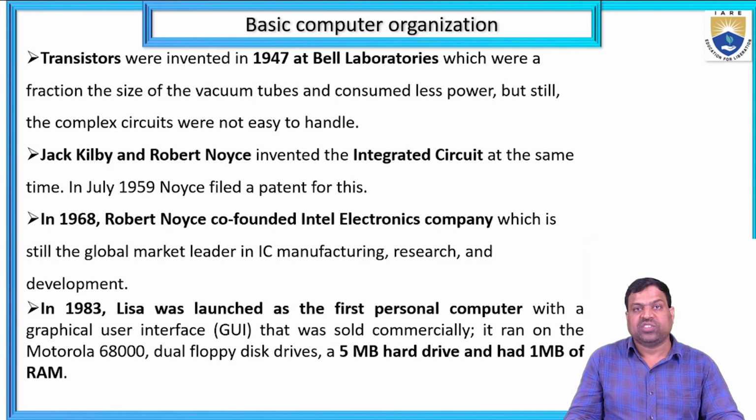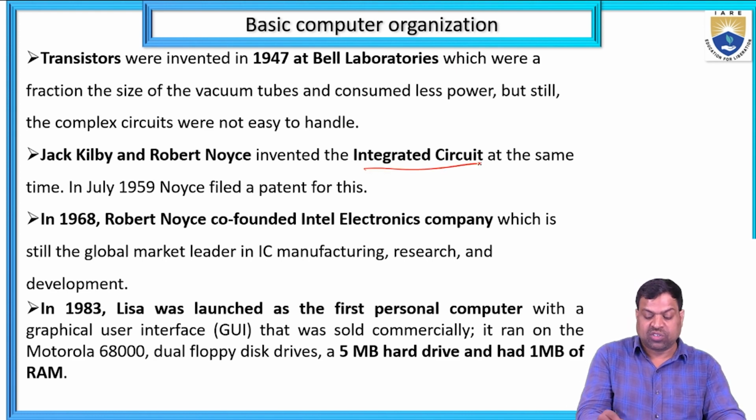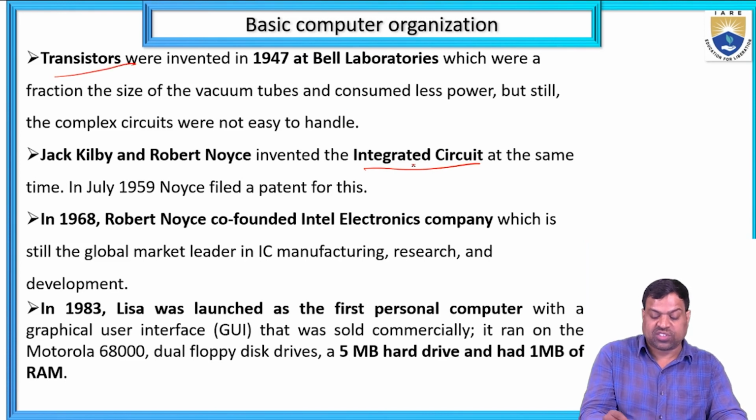Transistors were invented in 1947 at Bell Laboratories, and they are used in computer systems. Jack Kilby and Robert Noyce invented integrated circuits, an advanced version of transistors, in 1959.